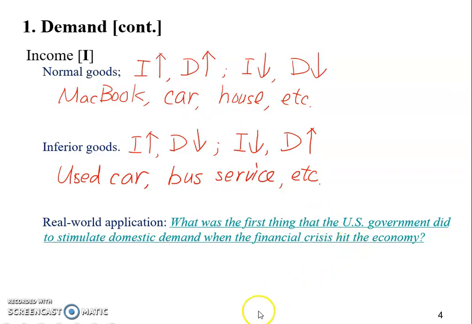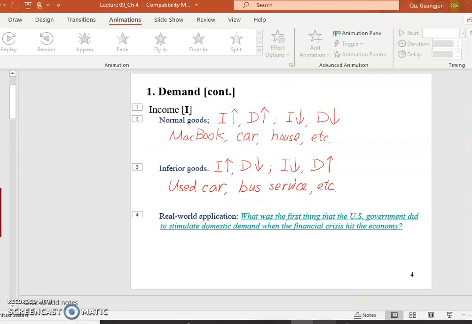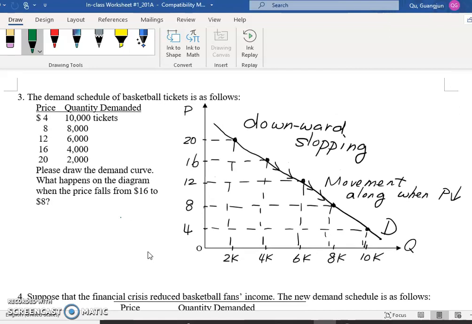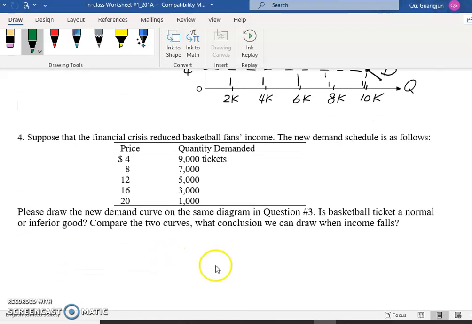All right. Now here, let's go back to the previous worksheet and take a look at question number 4, because it will give us a chance to check out what's going to happen on the graph when income changes.